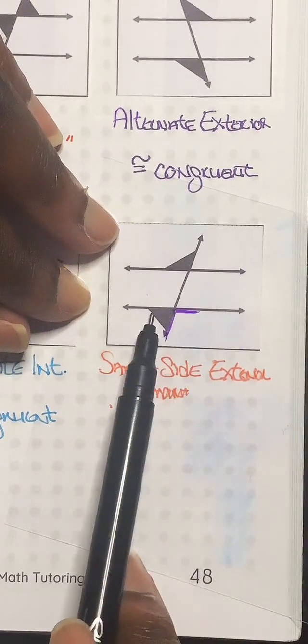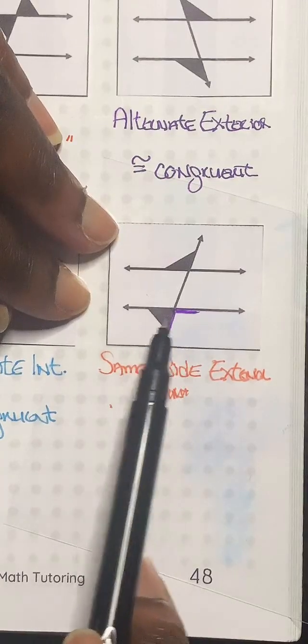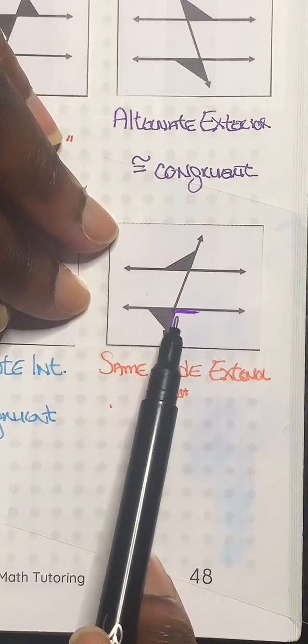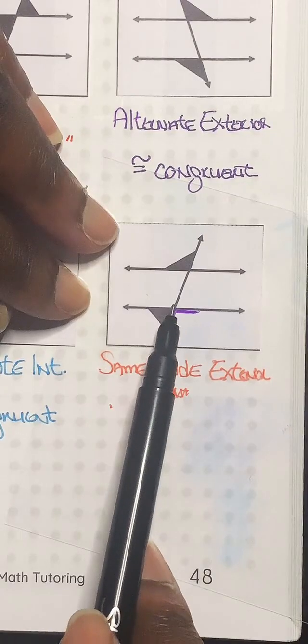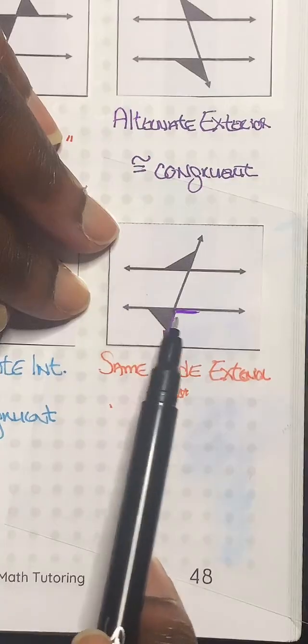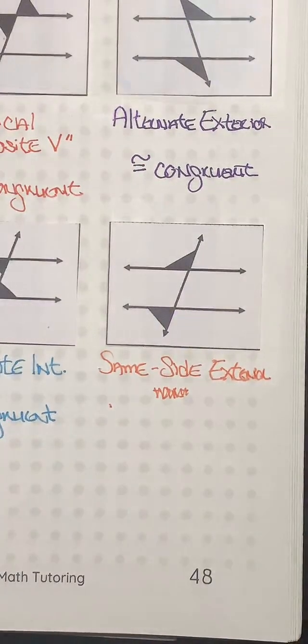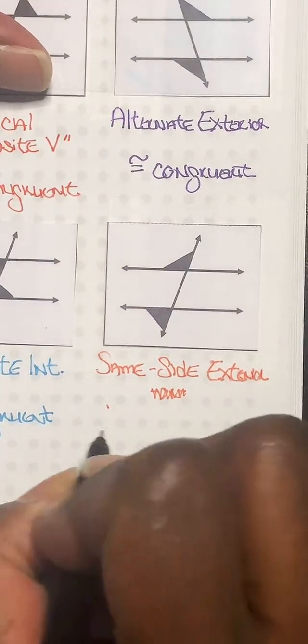So right here we have what's called a linear pair, when you have an angle adjacent and sharing a side with another angle. And linear pairs are supplementary. And supplementary means 180 degrees.